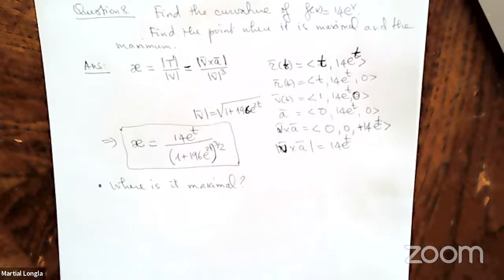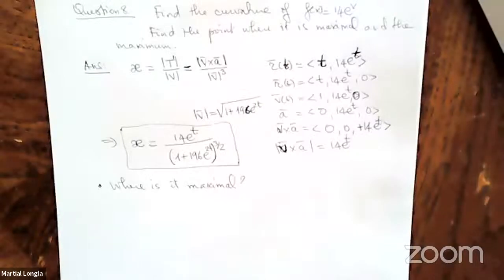How do we find the maximum of a function? Yes, its derivative is equal to 0. Set the derivative equal to 0. That's what you need to do.